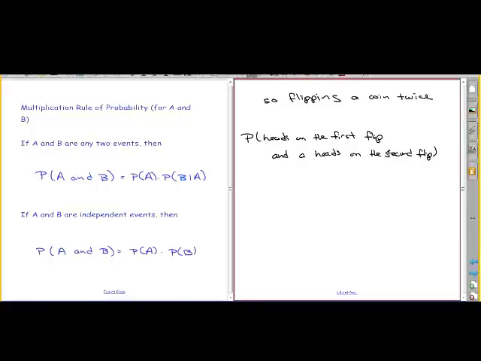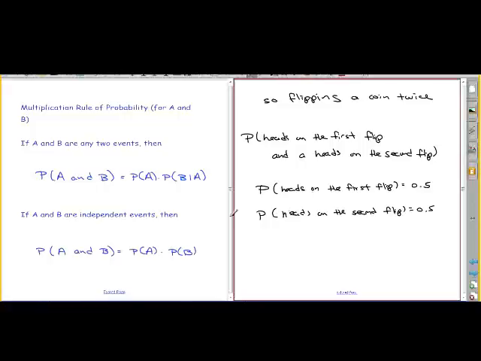Event A is the first flip, and event B is the second flip. The probability of getting a heads on the first flip is equal to 0.5, because there's two choices, heads or tails. The probability of getting a heads on the second flip is also equal to 0.5, because it's the same coin.